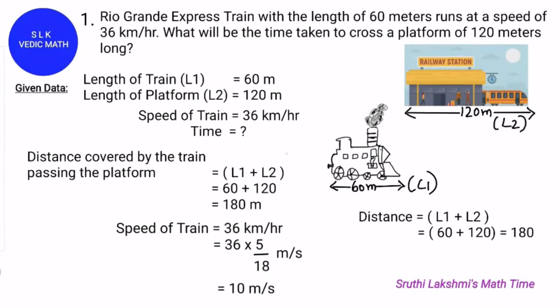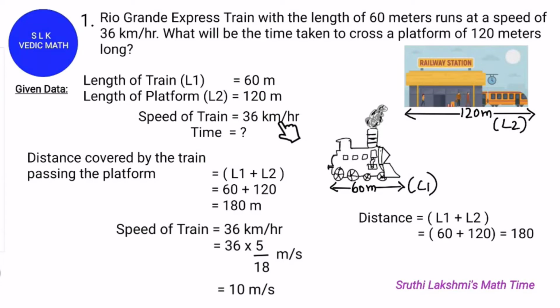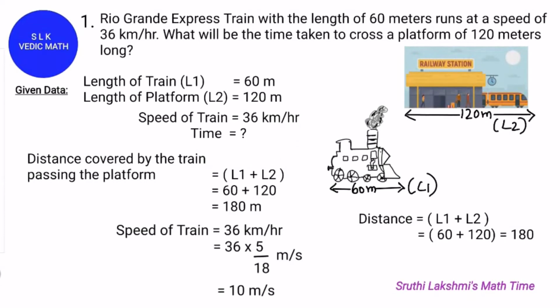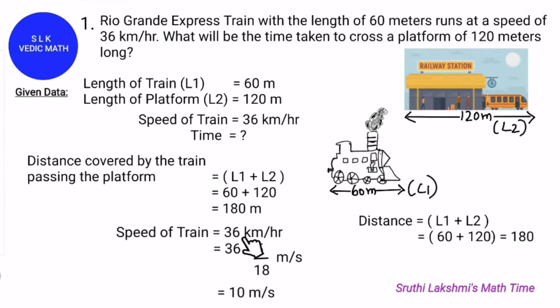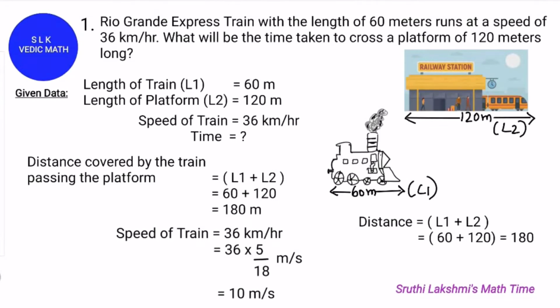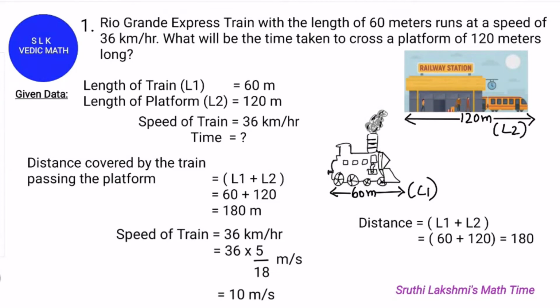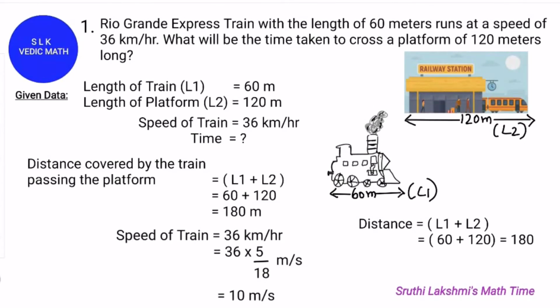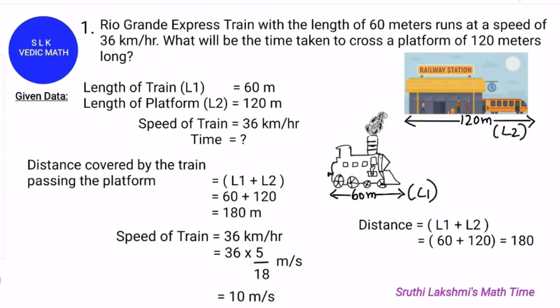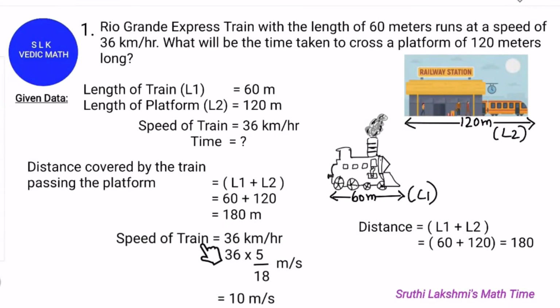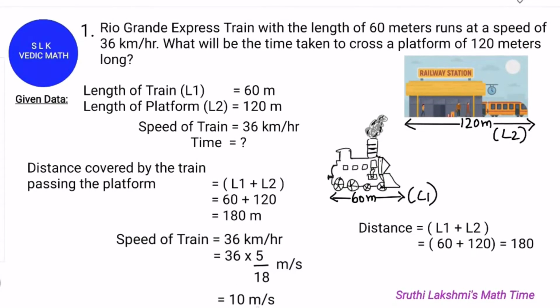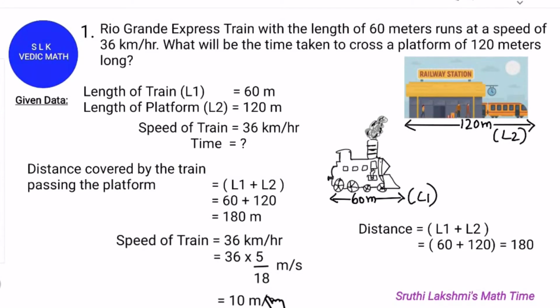So we have to convert kilometer per hour to meter per second. So we do 36 into 5 by 18. We multiply by 5 by 18 because we are converting kilometer per hour to meter per second. So 2 18s fit in 36. So 2 into 5 is 10. So the speed of the train is 10 meters per second.